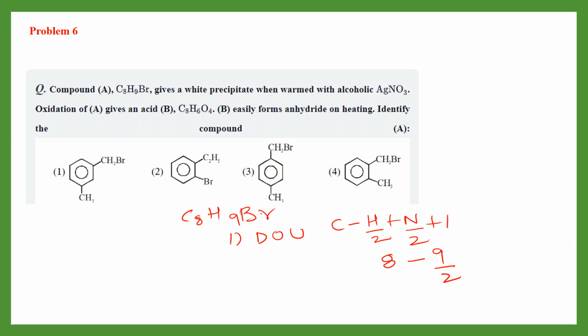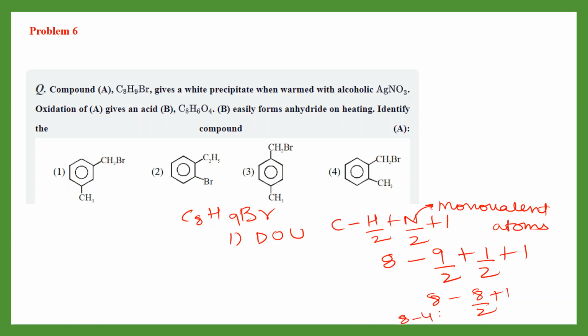But we have monovalent atoms in our reaction medium, that is bromine. Bromine is monovalent, right? Plus it will be 8 minus 8 by 2 plus 1, that is 8 minus 4 plus 1. What it will become?